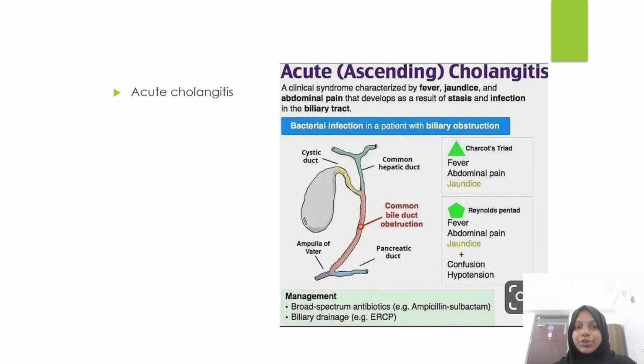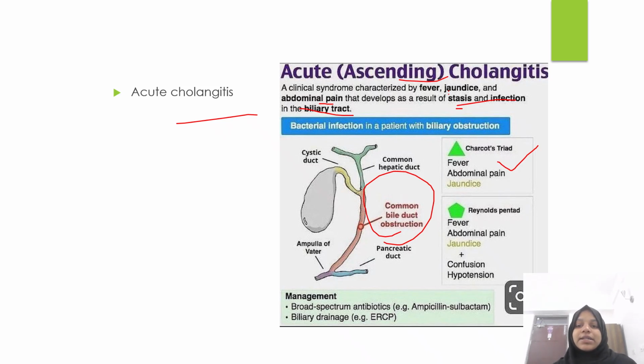So that is acute cholangitis or ascending cholangitis, mainly fever, jaundice, abdominal pain, as a result of stasis and infection of the biliary tract, not the gallbladder itself, but the biliary tract. There can be a common bile duct obstruction and there can be inflammation. And the triad is fever, abdominal pain, and jaundice, which is called Charcot's triad.